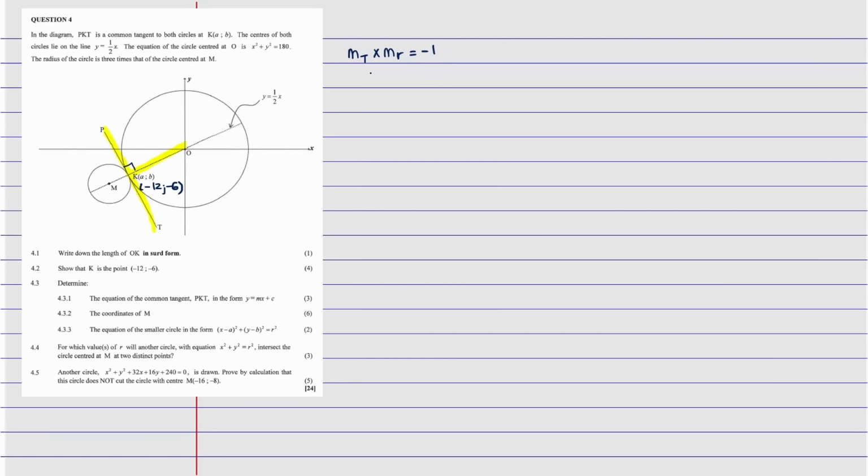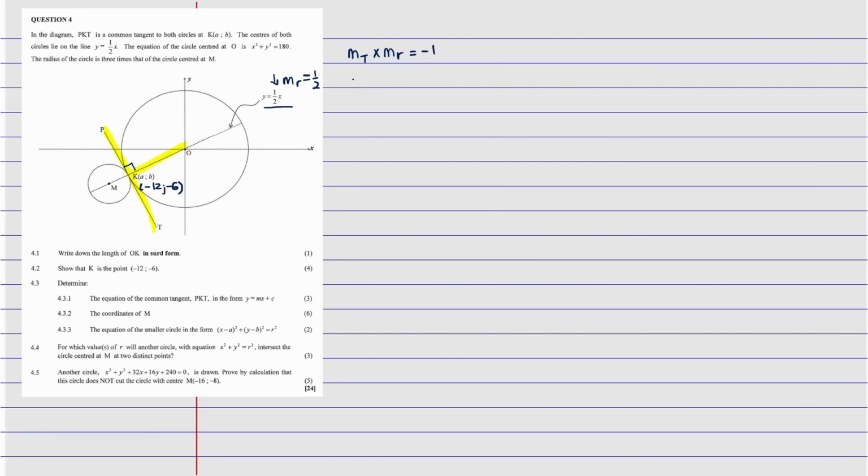We already have the gradient of the radius. Remember that this line here passes through the center, which gives us the gradient. So this 1 over 2 is actually the gradient of the radius. So we already know that the gradient of the radius is equal to a half. Now we're going to solve for the gradient of the tangent.